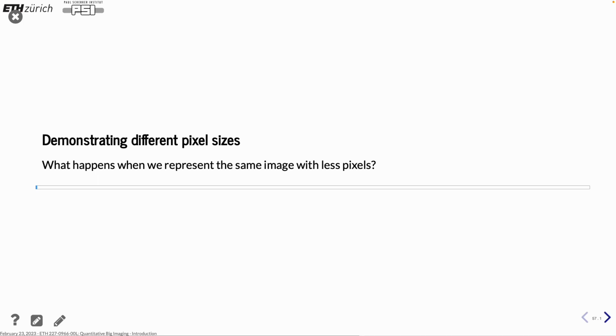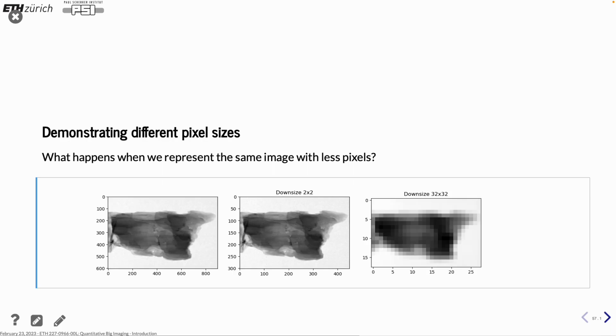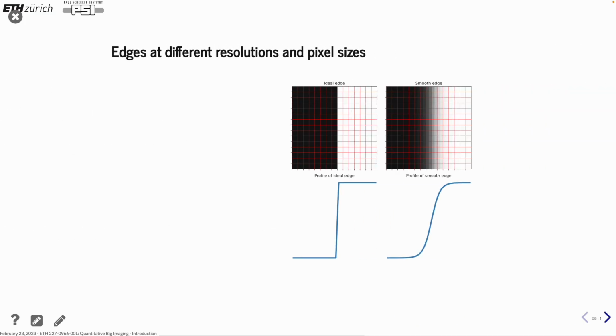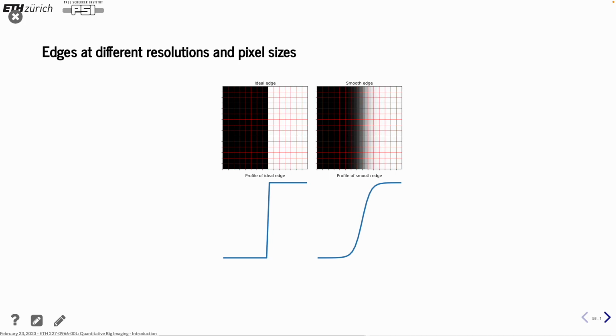So what happens when we represent the same image but with less pixels is that, as you saw before, we get very blocky information. But here you can see the difference, what happens if we have different resolutions at the same pixel size.